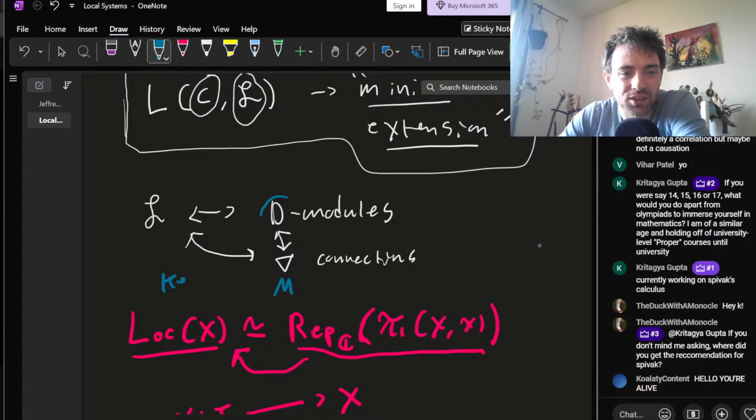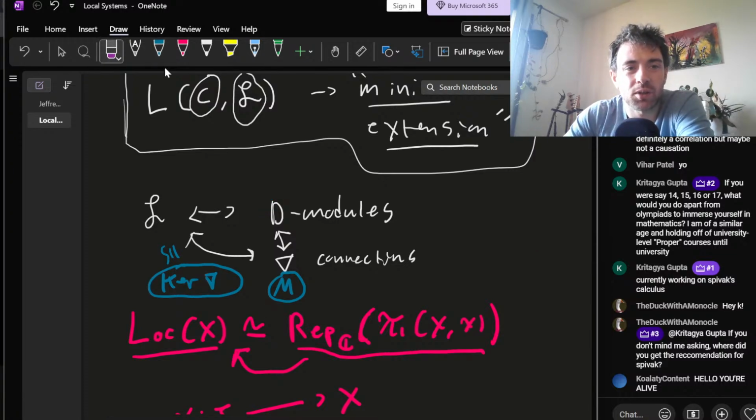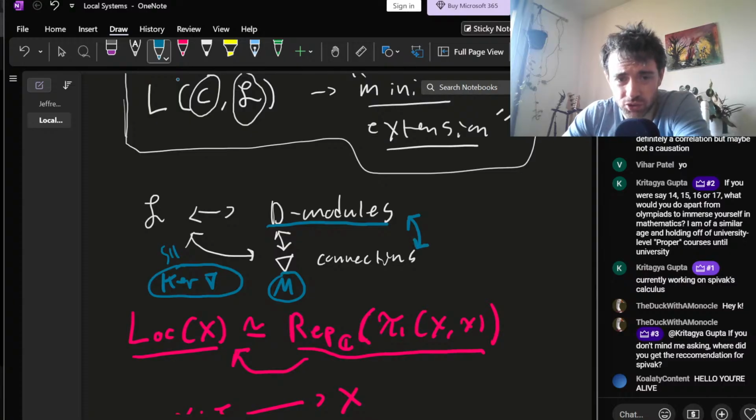We saw that this local system, as other local systems, can arise as the kernel of a connection on a quasi-coherent sheaf. And so next time, tomorrow, I guess, we'll maybe talk about the definition of D modules, and we'll talk about how to go between that and quasi-coherent sheaves with a certain kind of connection.